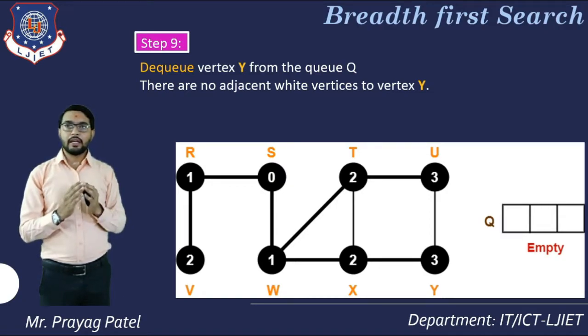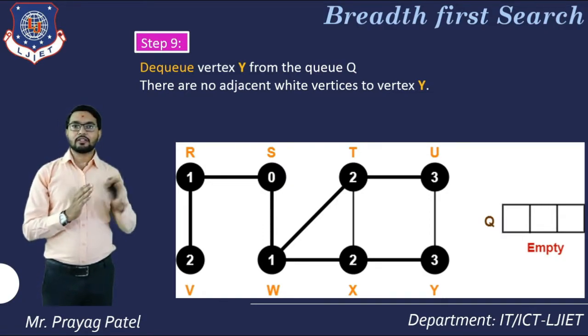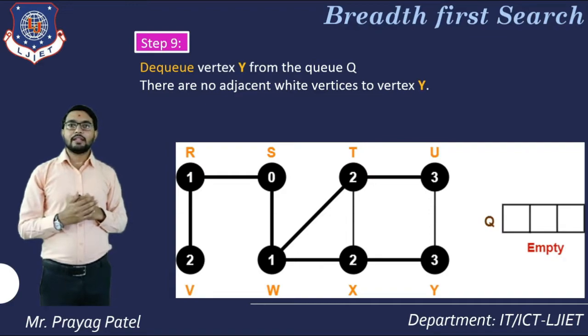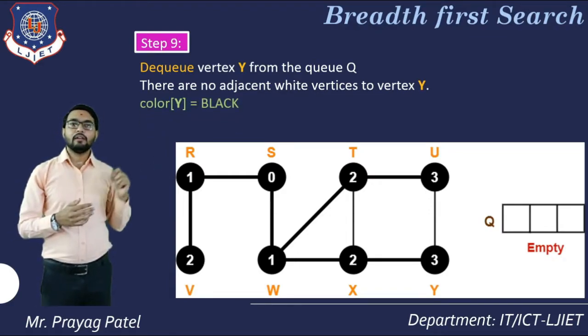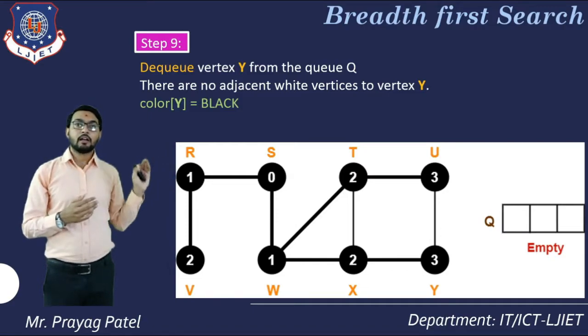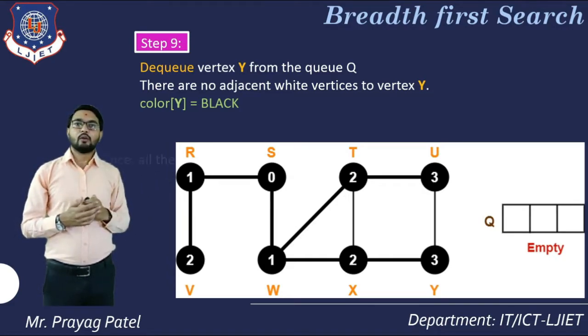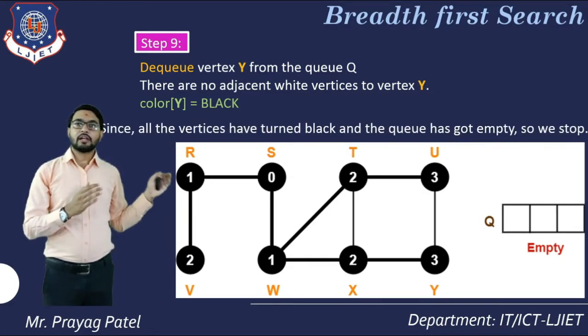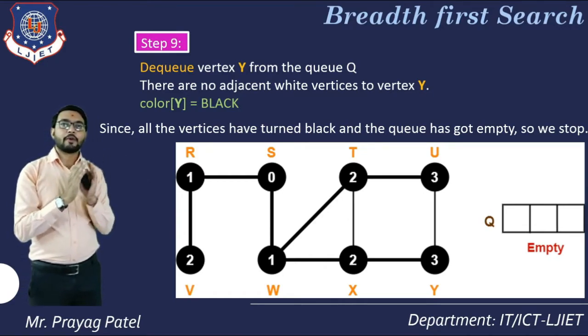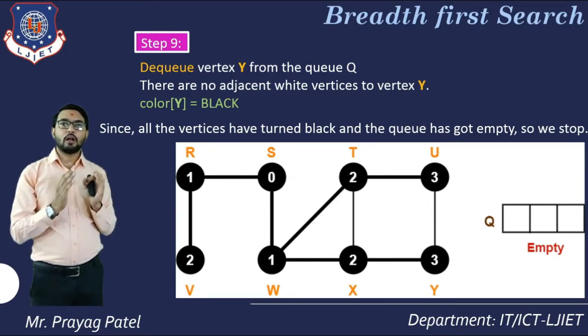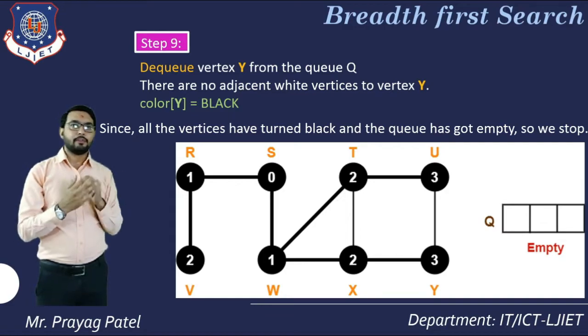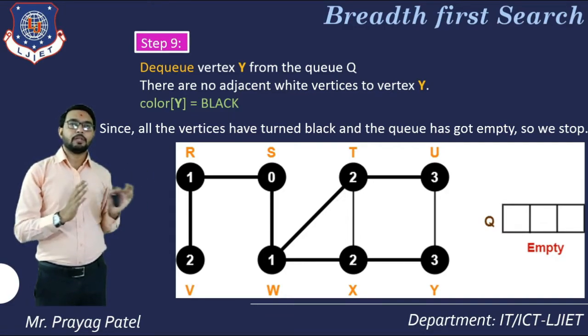There are no adjacent white vertices for the node y. So the color of the node y becomes black, because we performed all the operations for node y. Since all the vertices have turned black and the Q has become empty, we stop the process.